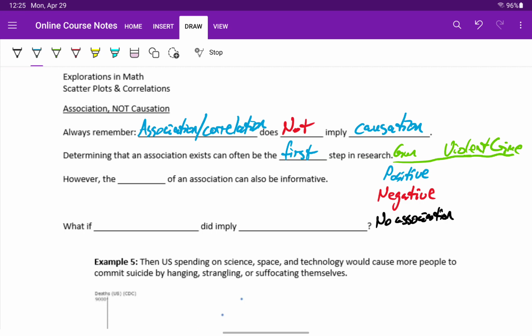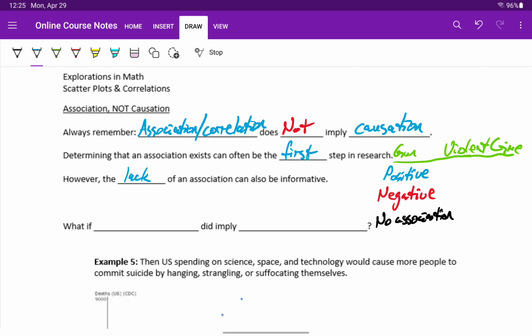So, the lack of an association can also be informative, because if we see that no association exists, then it might not be worth investigating something like gun ownership and violent crime rate. If we can't determine that there's any connection between those, then further research wouldn't likely yield anything very informative for us.